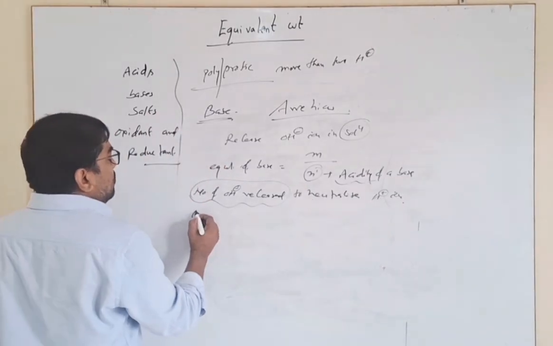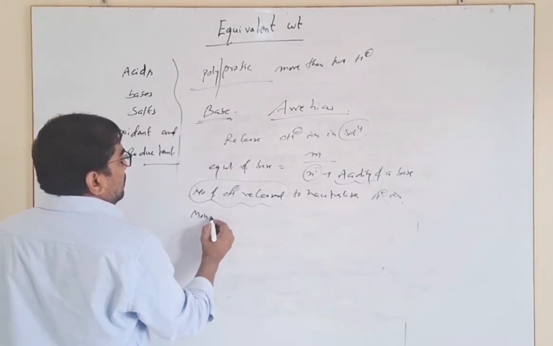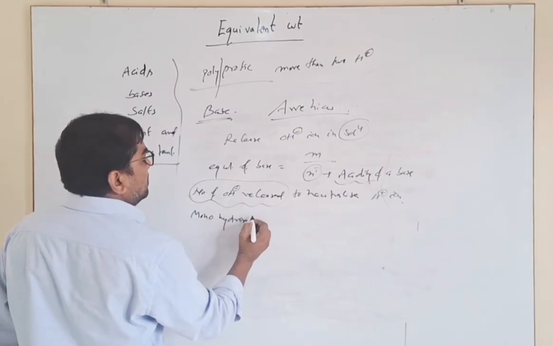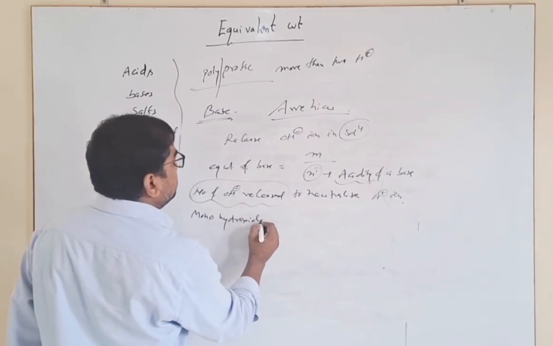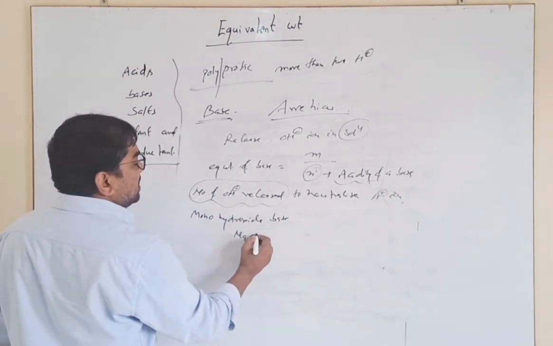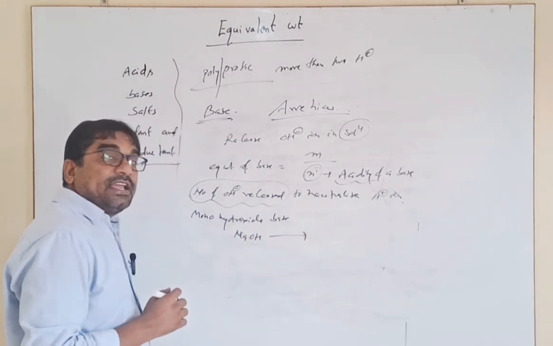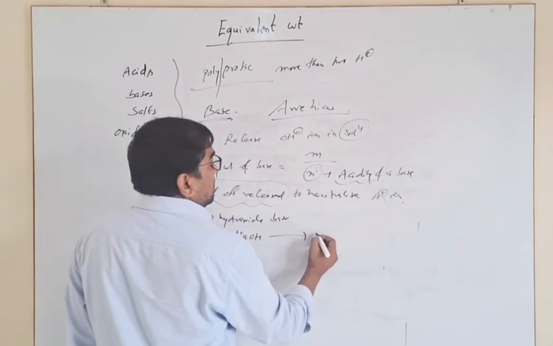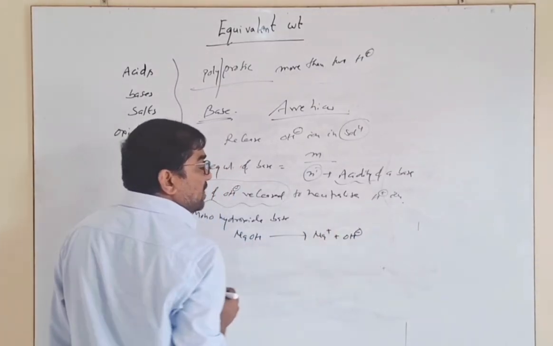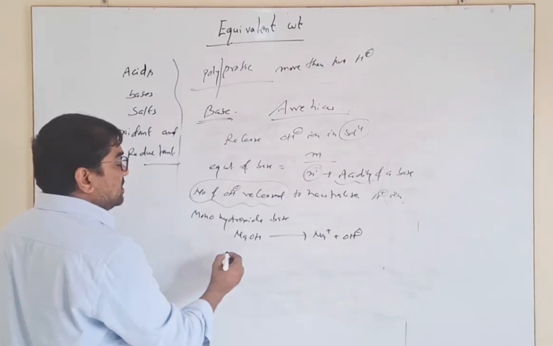So for monohydroxide bases like NaOH, a strong base of alkali metals, Na plus OH minus, one OH minus is released.